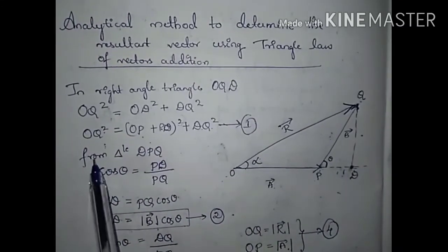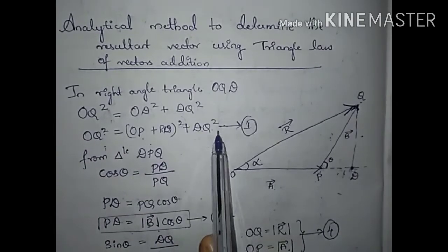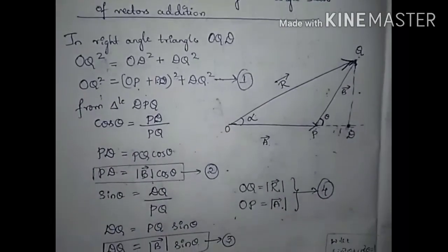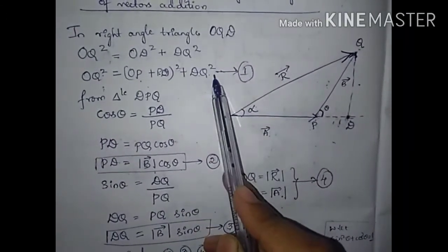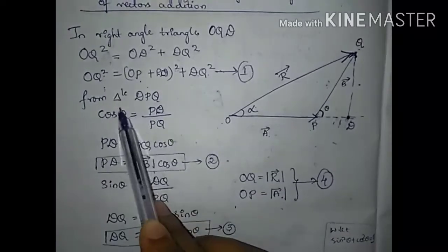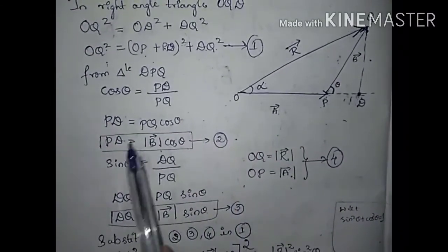From this we wrote OQ square is equal to OP plus PD whole square plus DQ square. To get PD and DQ, we have to consider cos theta and sin theta.